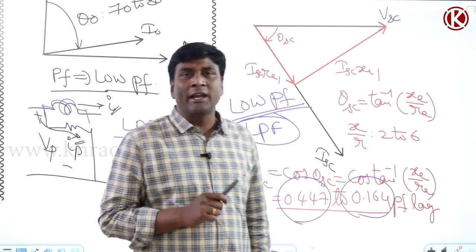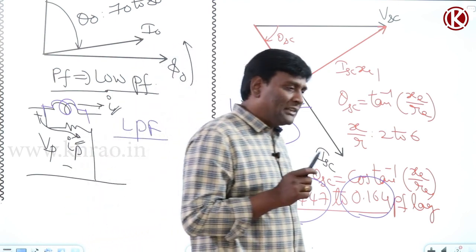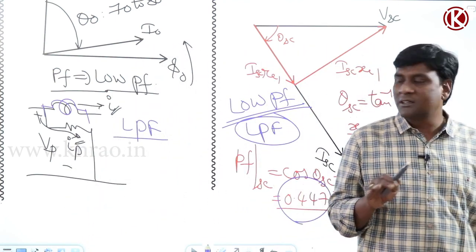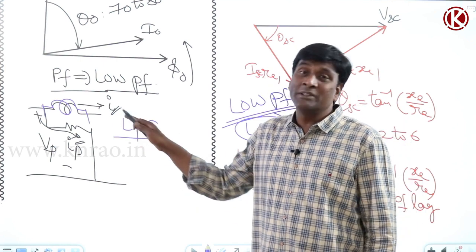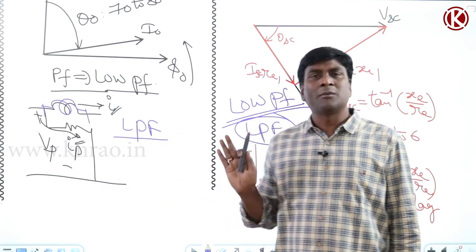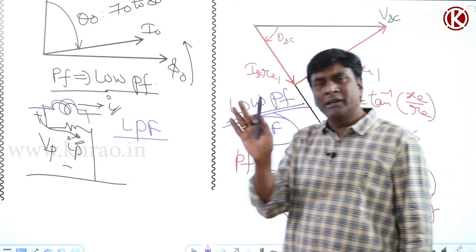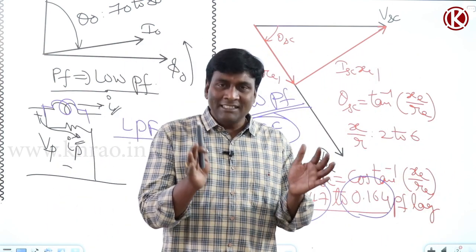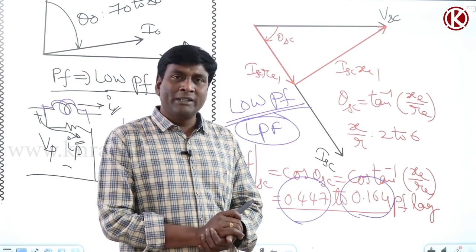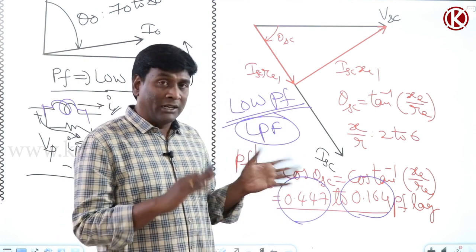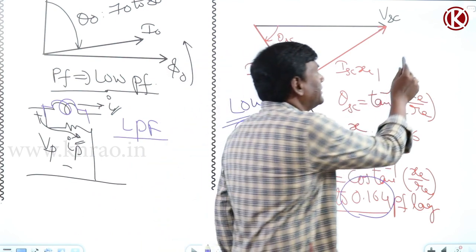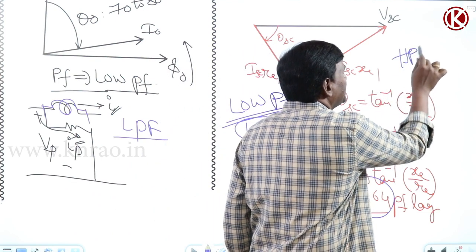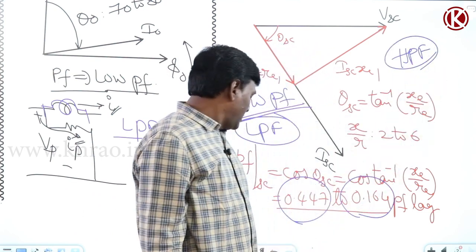And one more thing I have to add here. Basically, in wattmeters we have the LPF compensated wattmeter and we have the normal wattmeter. We don't have an HPF wattmeter at all. If you have any doubt, go to your machines lab and check the wattmeters. In some textbooks they mention an HPF wattmeter, but it will not be there.